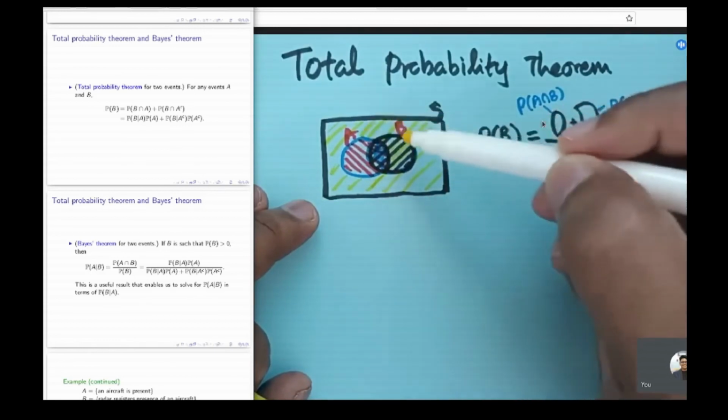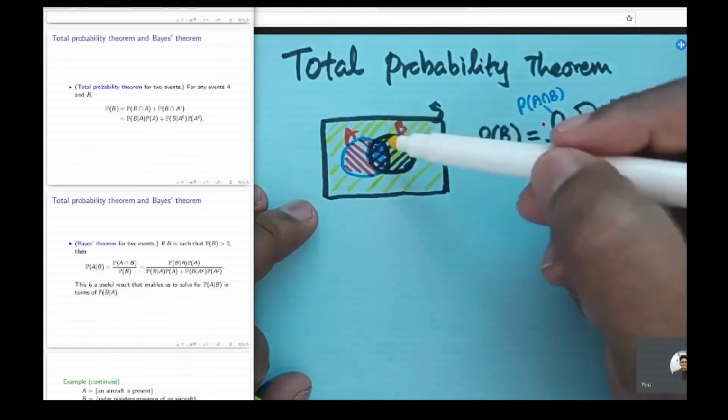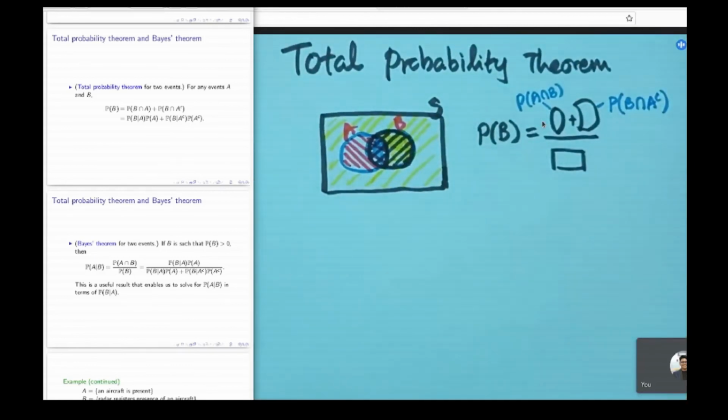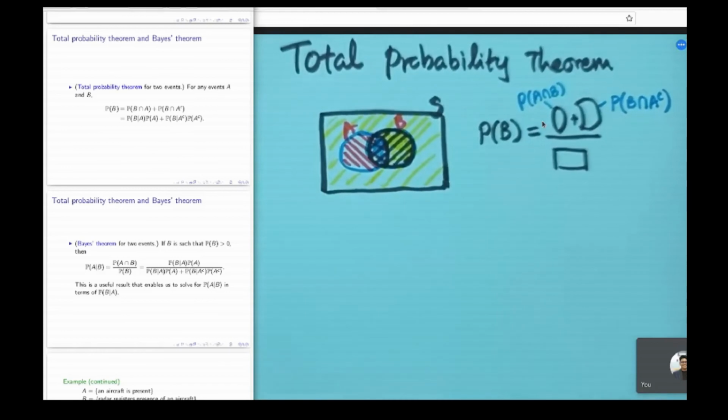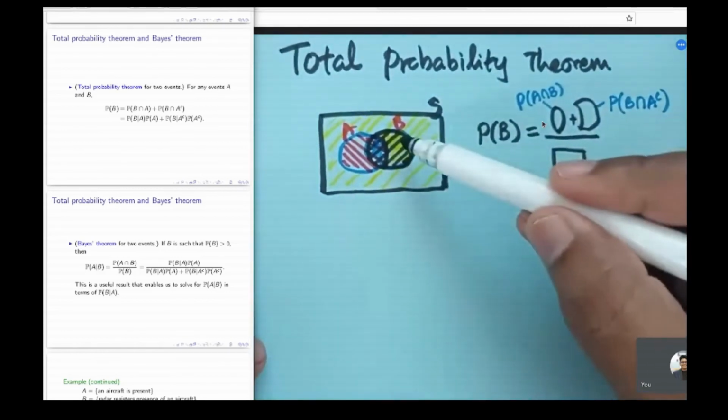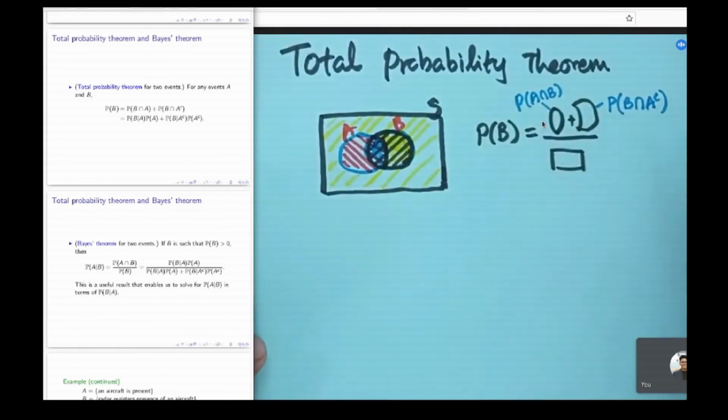Now, if you carefully see, this part actually intersects with B. So the probability of B intersecting with A complement is equal to this little part here.